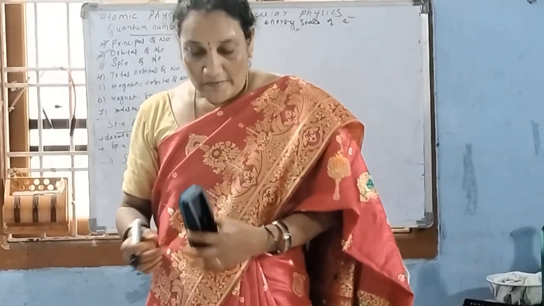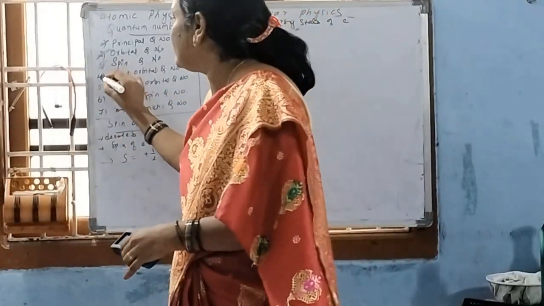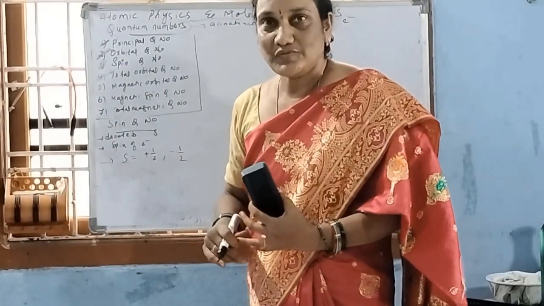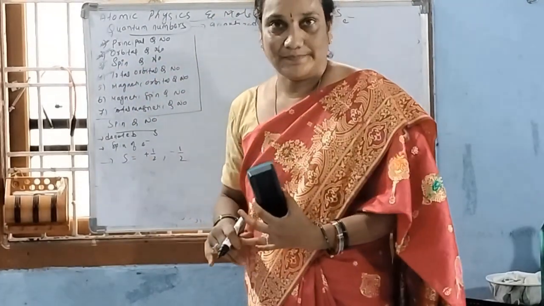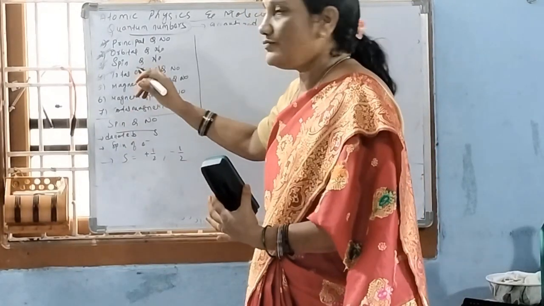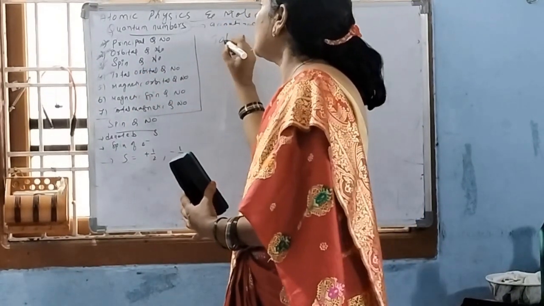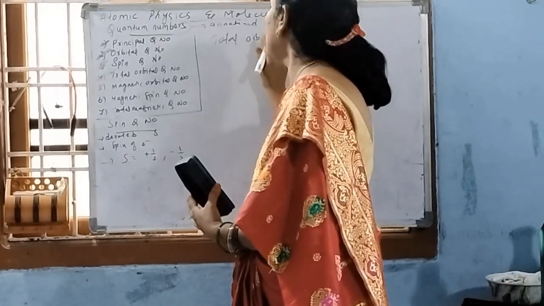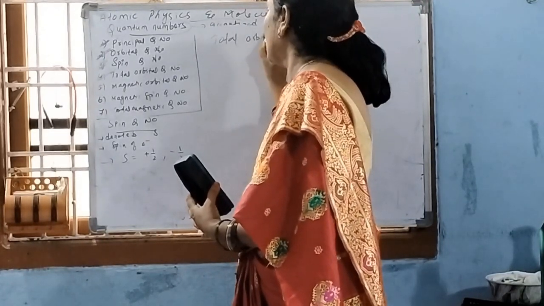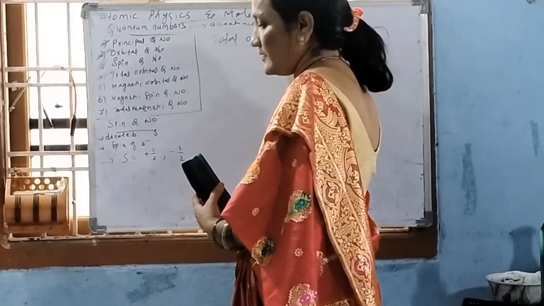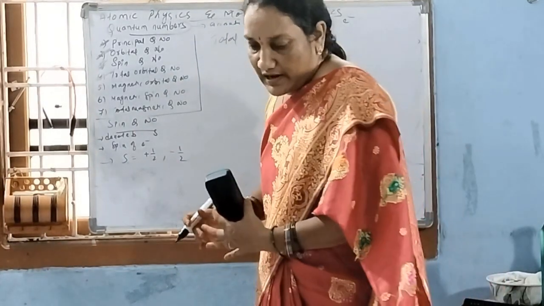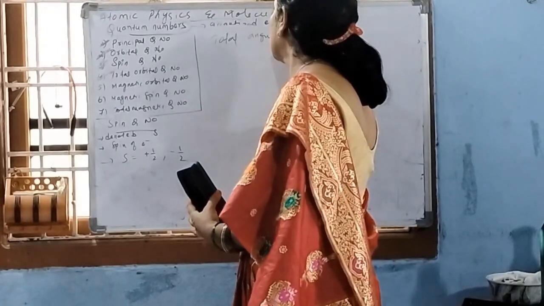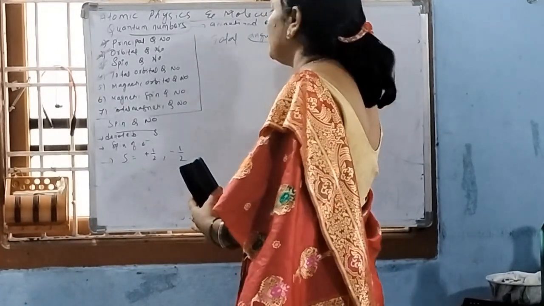Right? Now the next one is the total angular momentum. So already the word itself is saying total. Total orbital quantum number, sorry, or you can also say total angular quantum number.